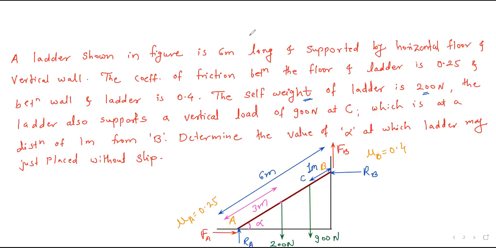Here I will take the moment of all the forces about A. Summation M about A equal to 0. Clockwise forces positive, anti-clockwise forces negative. RA and FA will become 0. The distance of this 200 Newton is 3 meter, so this will be 3 cos alpha. So 200 into 3 cos alpha, and it will rotate in clockwise direction.